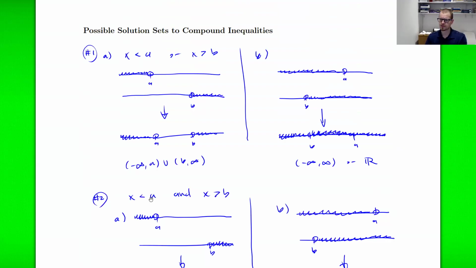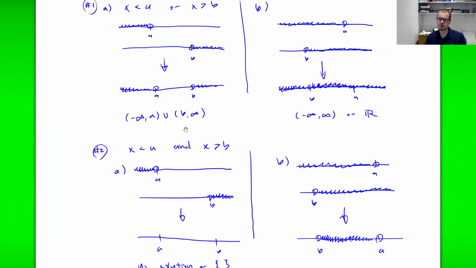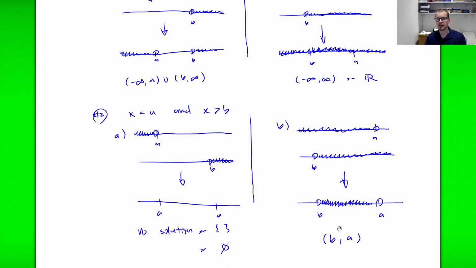So this or that, this and that. The usual or expected solution sets are typically this one and this one. However, I did want to emphasize in this presentation that we could have all real numbers or nothing as solution sets as well.